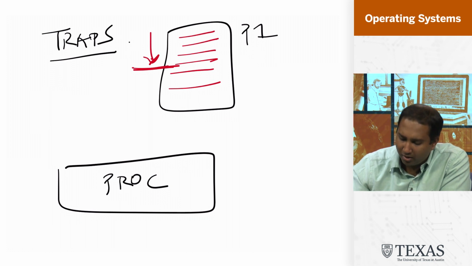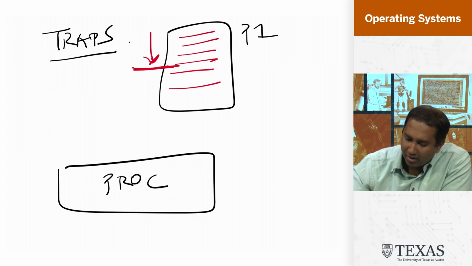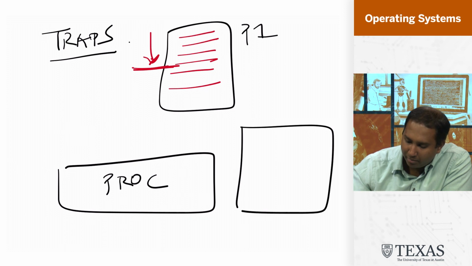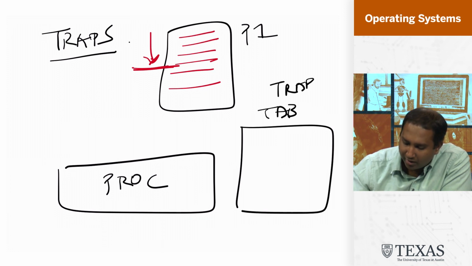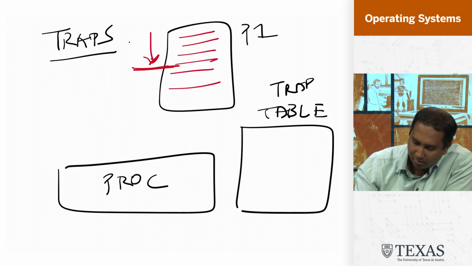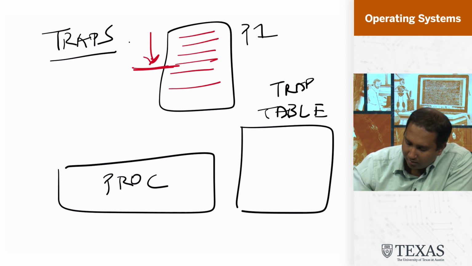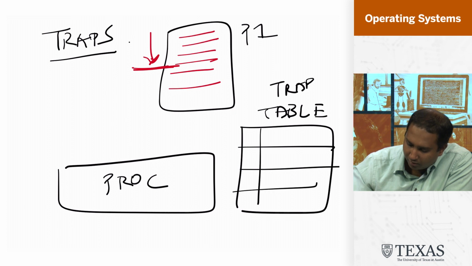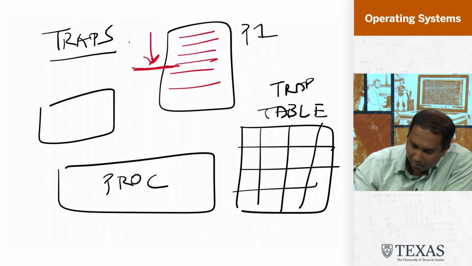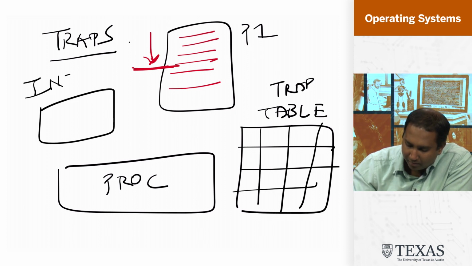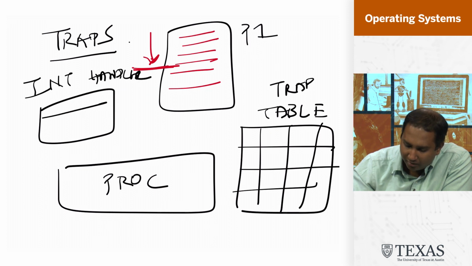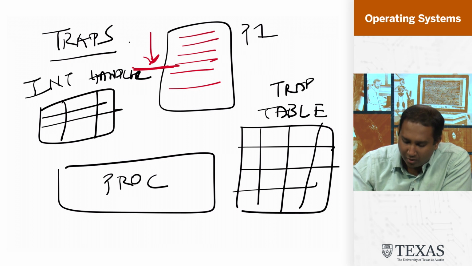So in your processor, there is something called a trap table, and similarly, there is also an interrupt handler table. So what this says is, let's say you get a timer interrupt.